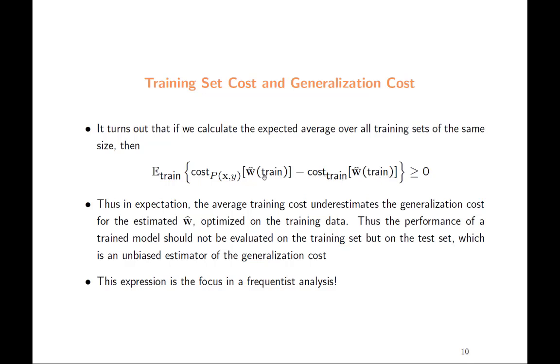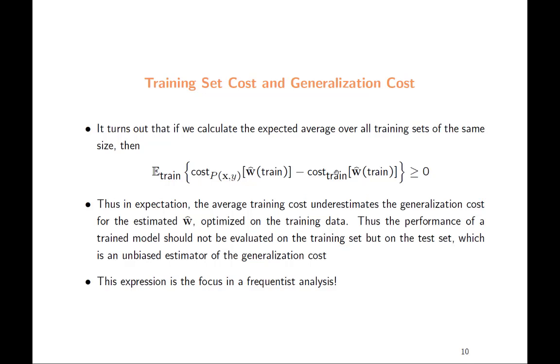And this is the parameter optimized in training, but evaluated on the test set, or even the theoretical distribution P of x, y. And on average, this is larger than 0. So in other words, the training error is too small. It underestimates the test error. And we have seen this already in experiments or in the discussion before.